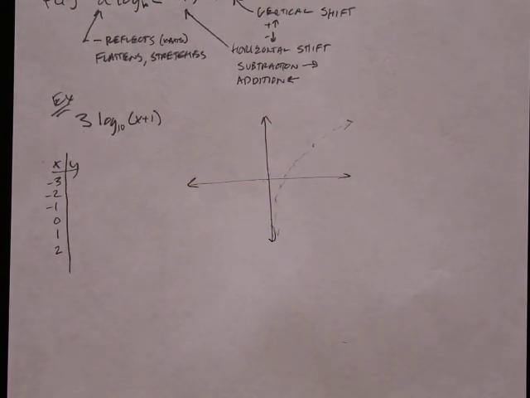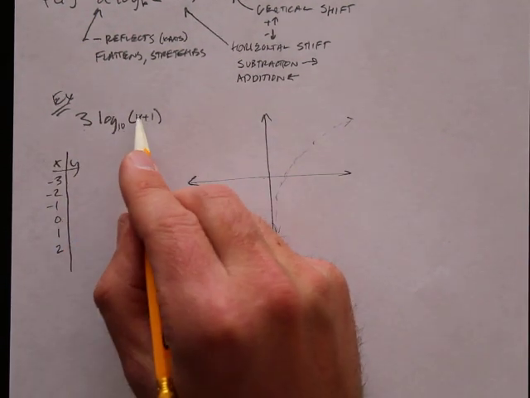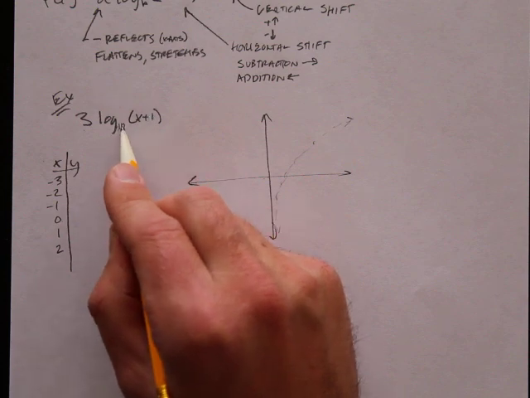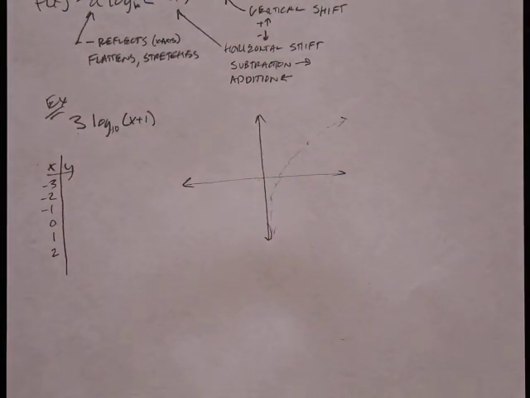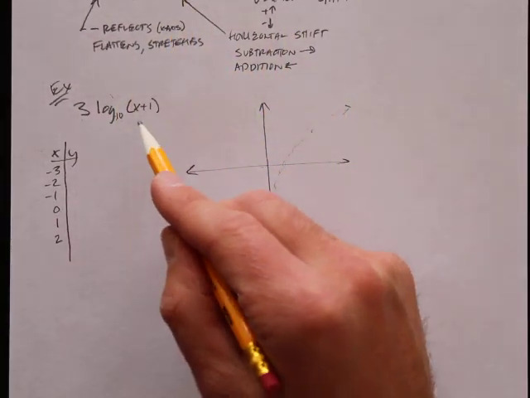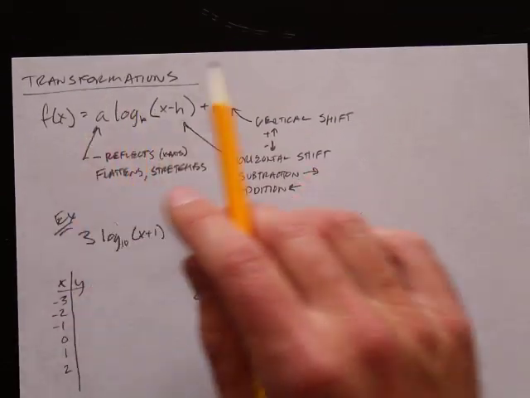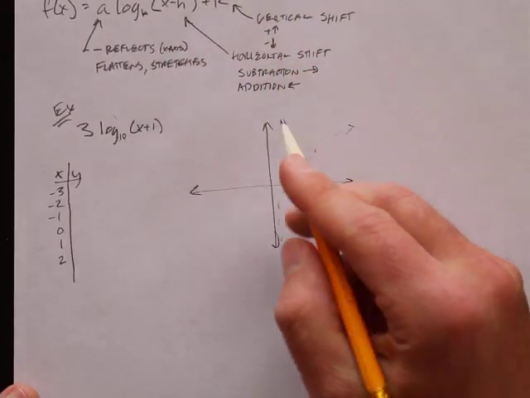Oh, that's going to be a pain, isn't it? If I plug in 0, I get log base 10 of... We're not ready to do this yet, are we? So let's just do it based on the transformations.